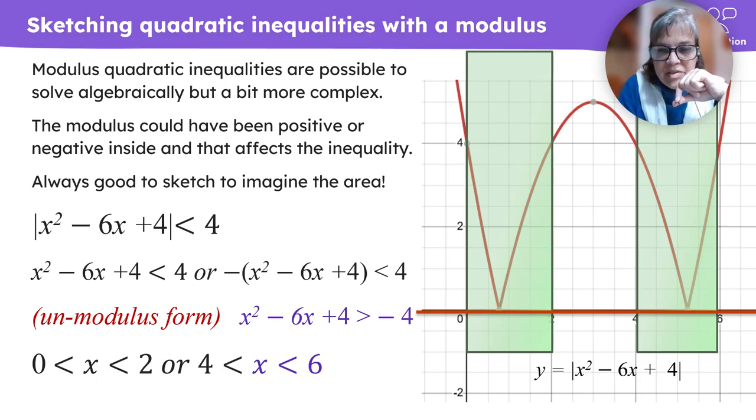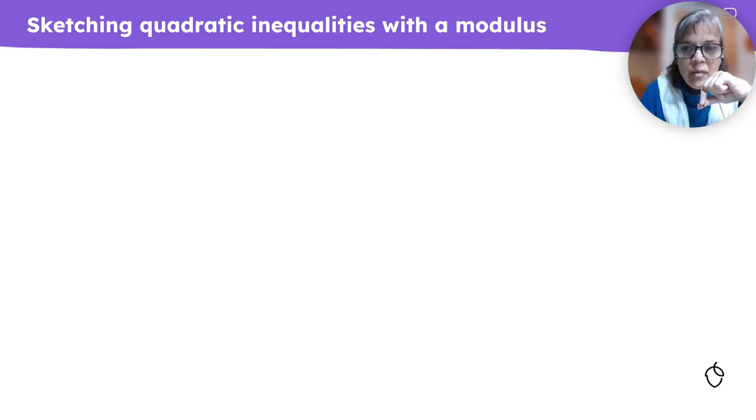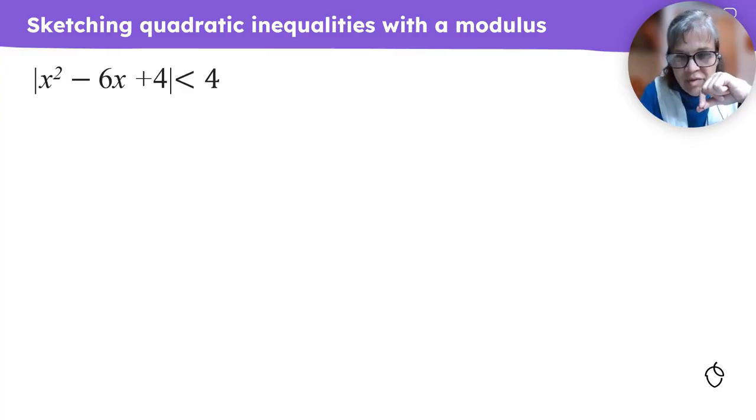So you end up with these two regions: x is between 0 and 2, you can see it on the graph here, or x is between 4 and 6. Now, how do we find that if we don't have a graph? We have to go through it step by step, and you're solving both of these modulus inequalities that come up.